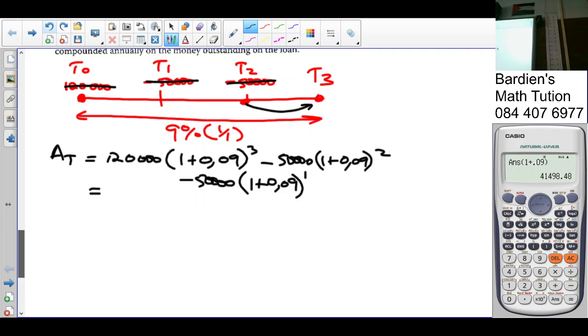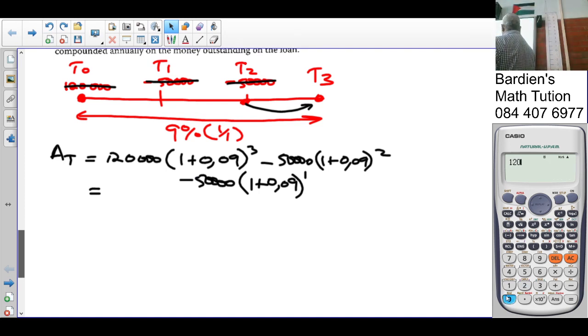Did you see that, people? Let's punch it into the calculator. This is 120,000 into 1 plus 0.09 to the exponent 3, minus 50,000 into 1 plus 0.09 to the exponent 2, minus 50,000 into 1 plus 0.09 to the exponent 1.